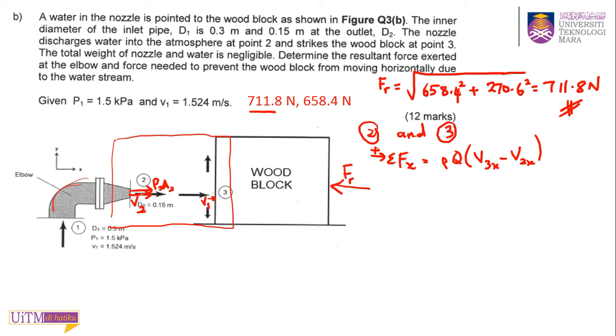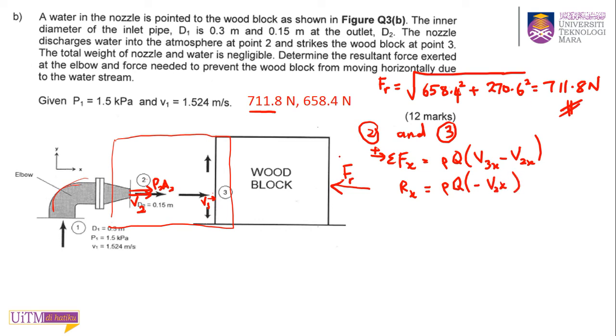So this one is zero. It only has x, only Rx. So you have your Rx, and this will equal to rho times Q times V3x, which is 0, minus V2x. So this will be only minus V2x.